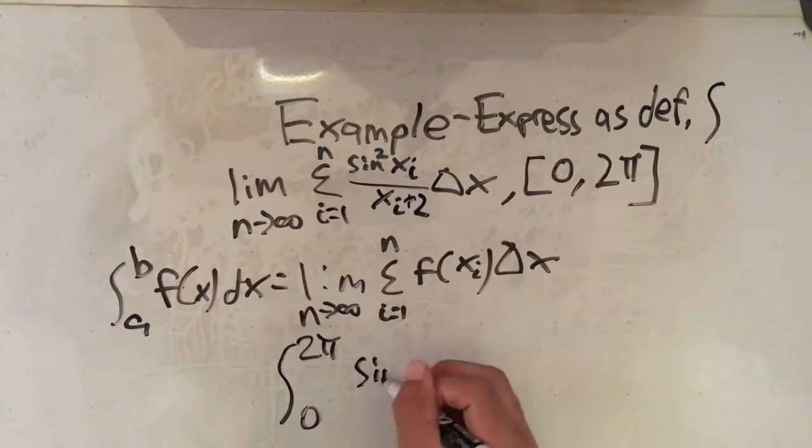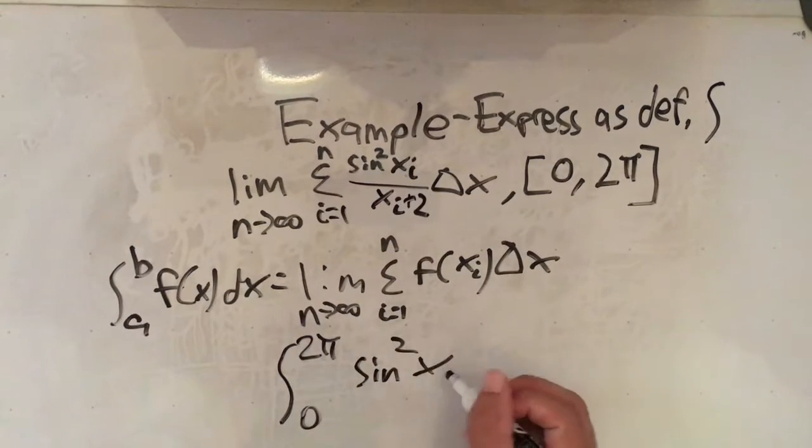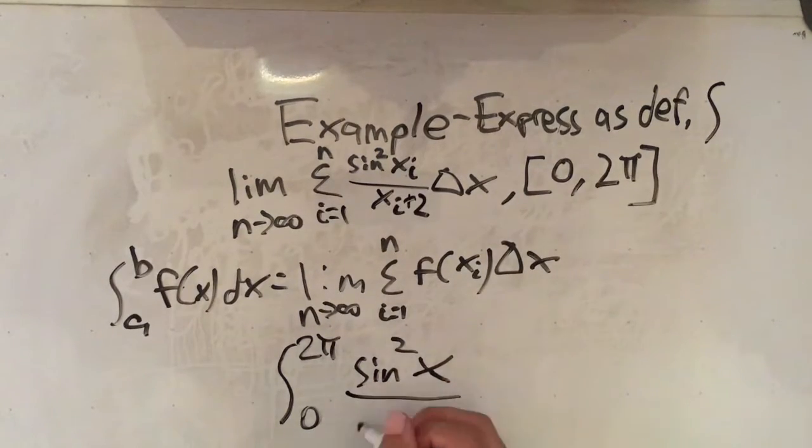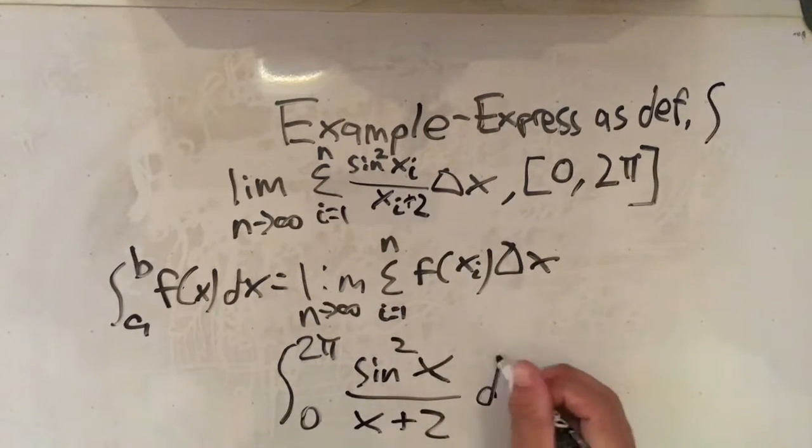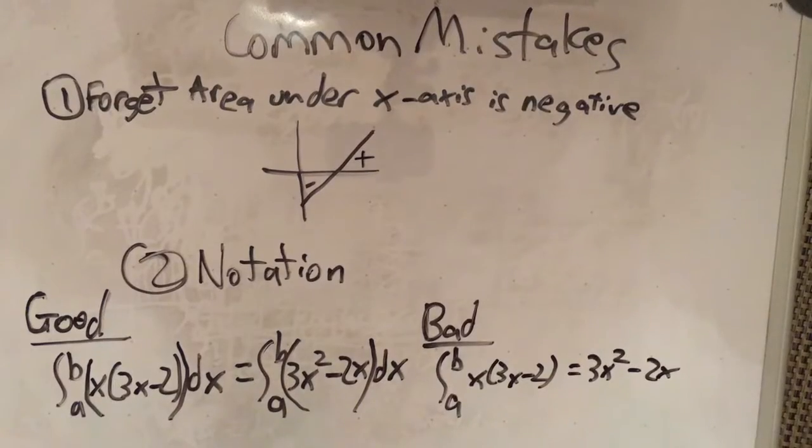So we have sine squared x over x plus 2 dx.